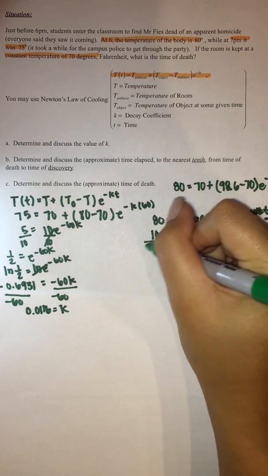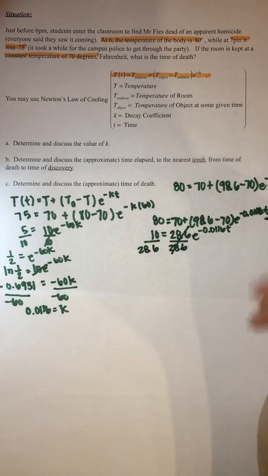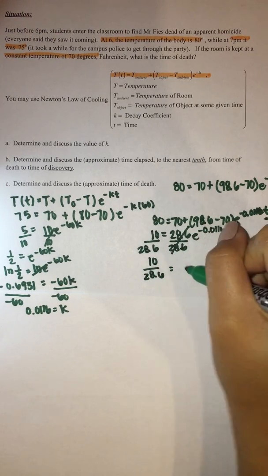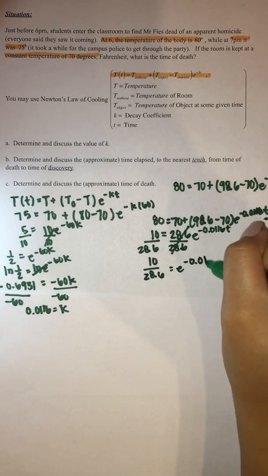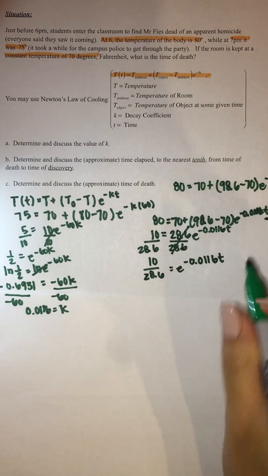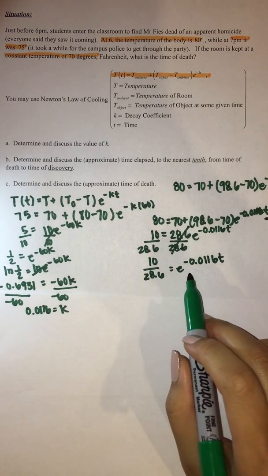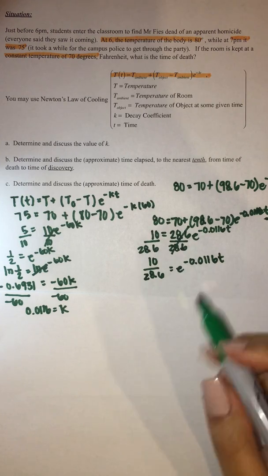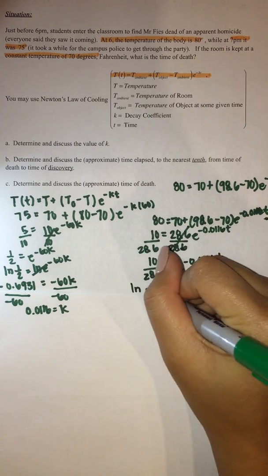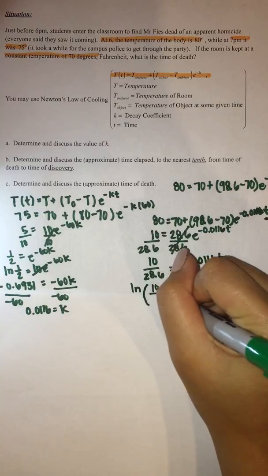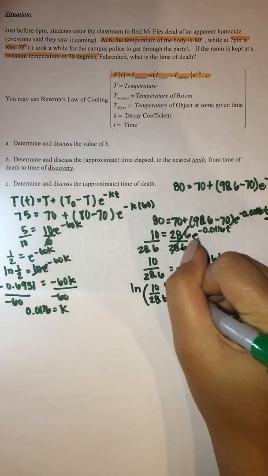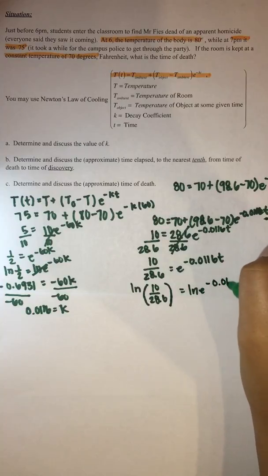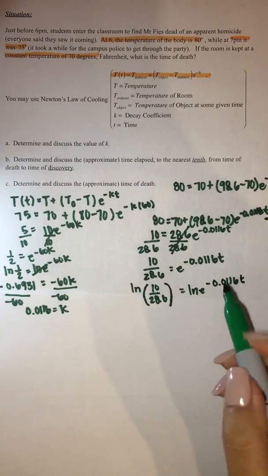Now we have 10 divided by 28.6 equals e to the negative 0.0116 t. We're going to take the natural log of both sides, so natural log of 10 over 28.6 equals the natural log of e to the negative 0.0116 t.